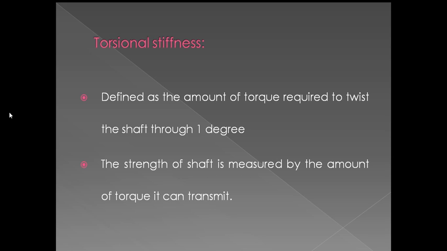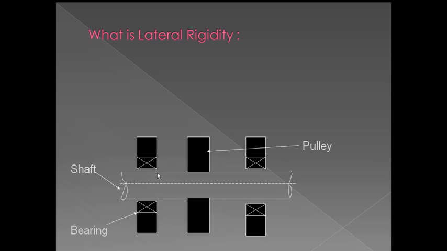So that is the limitation for the angle of twist. Here the strength of the shaft is measured by the amount of torque it can transmit.